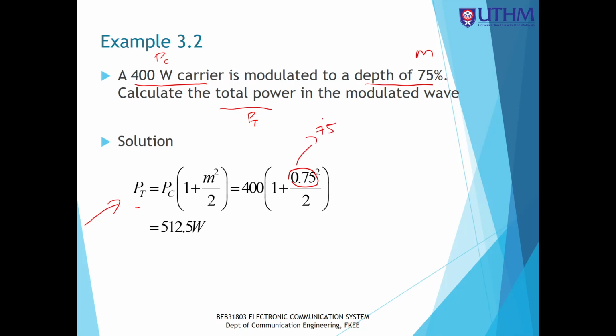Don't put the value 75, which is wrong. 75% is equal to 0.75. Be careful. So students also tend to do careless mistakes by putting the value 75, which is wrong. So be careful. So the answer is 512.5 watt. Okay, straightforward.